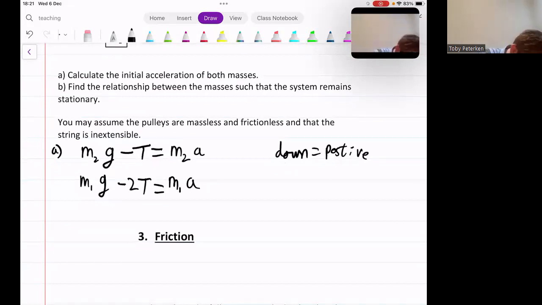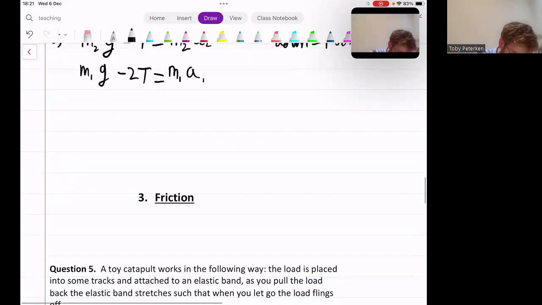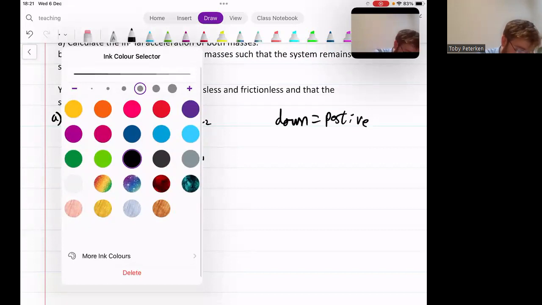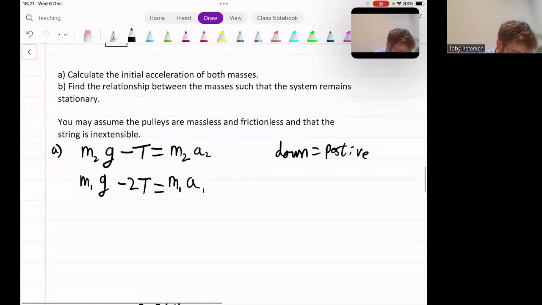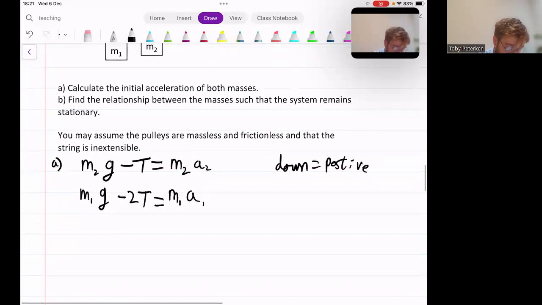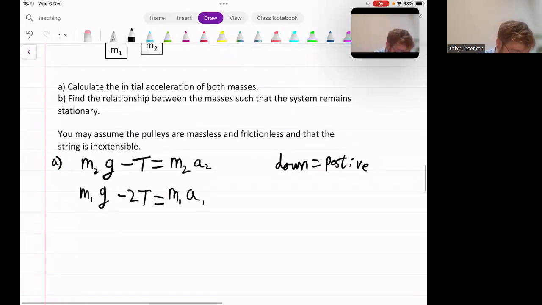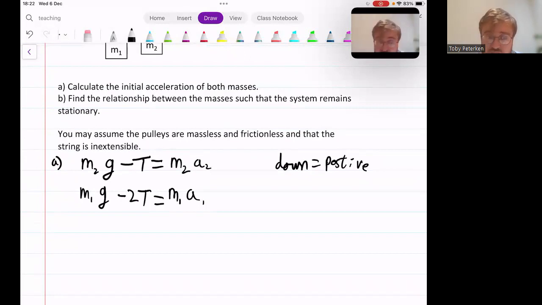Or let's label these a2 and a1, the accelerations of mass 2 and mass 1. Okay. There's one more thing we need. Here, we don't know what the tension is. So if we want to solve this for the acceleration, we currently have two equations, but three unknowns. The arrow up for the tension in the middle.